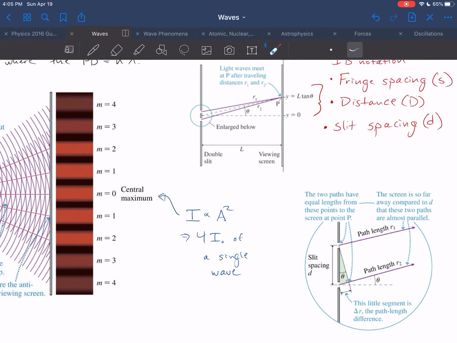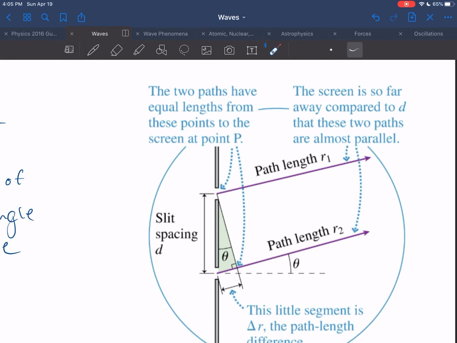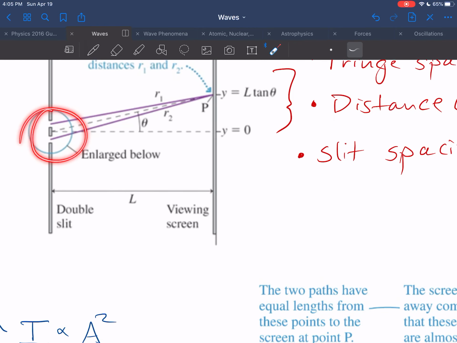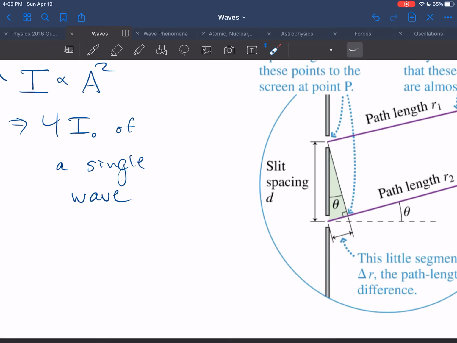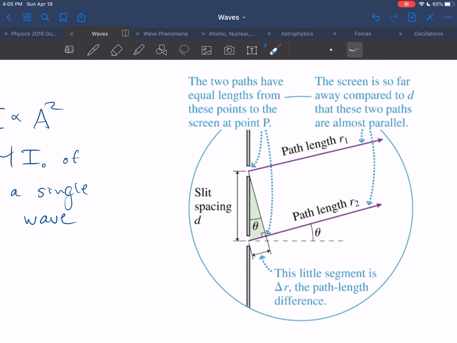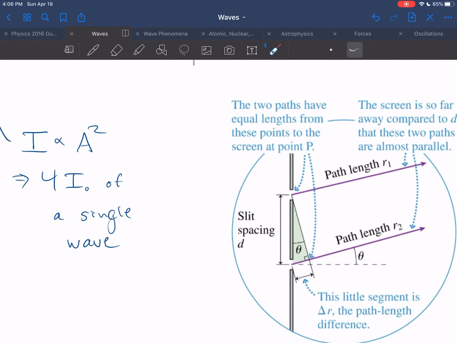Now zoom in, from the perspective of this bubble right here. So we're zooming in right next to the slits. From the perspective of right next to the slits, we're going to assume something which seems a little bit incompatible with what I just said. But remember, this is a very, very skinny triangle that we're talking about up here.